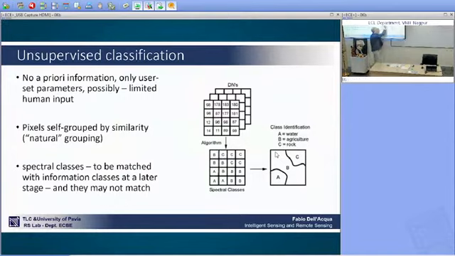I get anonymous classes. What are these anonymous classes? They are groups of samples, group of classification units, which are similar to each other. These are typically spectral classes, as written here.